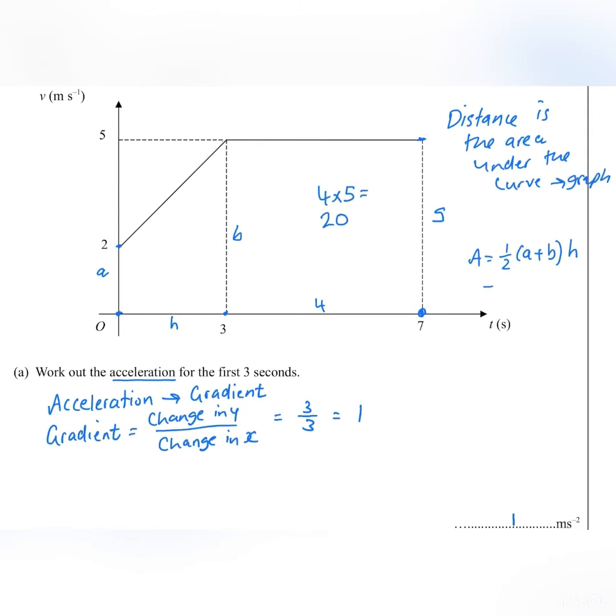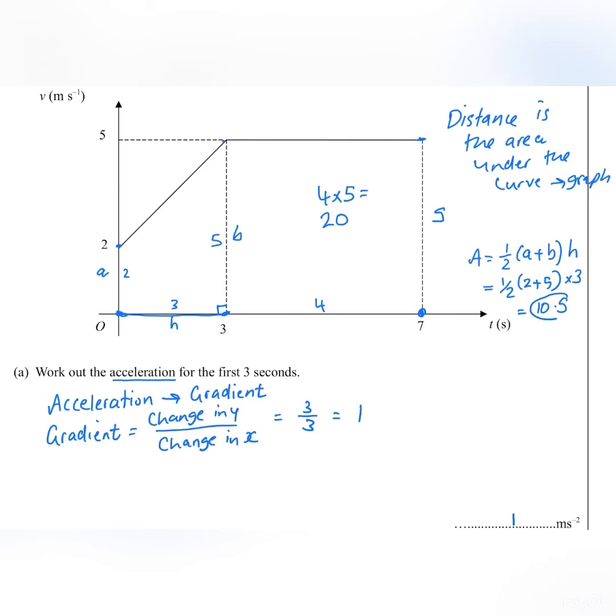If you substitute the values in, A is 2, from 0 to 2, and the other side B is 5. So 2 plus 5, and the height, remember, is the perpendicular height of the trapezium, where there's a 90 degrees angle, and that is 3. So times by 3. 7 times 3 is 21, and half of 21 is 10.5.